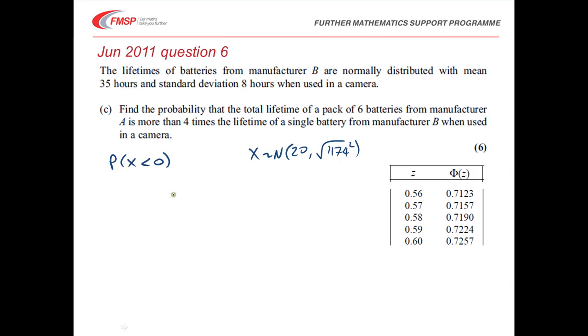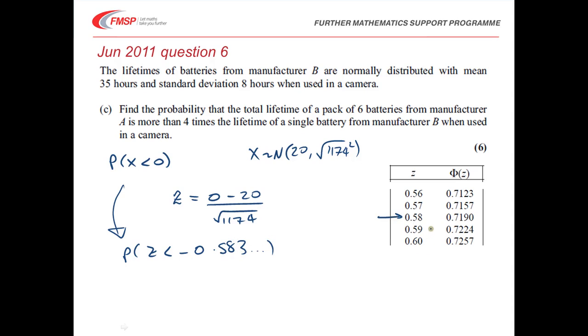So again, we're going to standardize. So Z is equal to X minus mu over sigma. We calculate that through, and that's going to give me an equivalent probability to Z being less than minus 0.583 and so on. So again, we go for the nearest Z value, 0.7190.